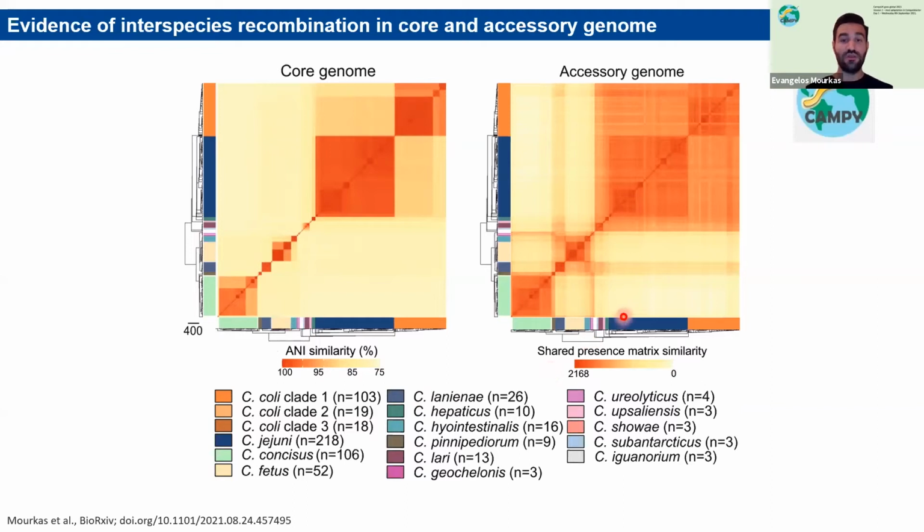But when we looked at the accessory genome, recombination in several species was inconsistent with the phylogeny. This is an example here of a species that I will never pronounce correctly, Campylobacter lanienae. Much of its accessory genome was shared with other species.